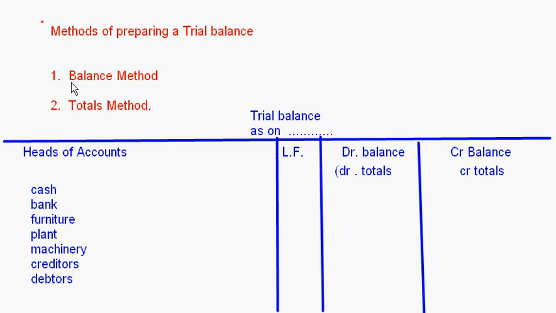Now let's come to these two methods here. Supposing I have a ledger account, let's say furniture account here.